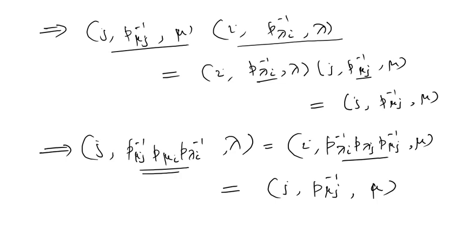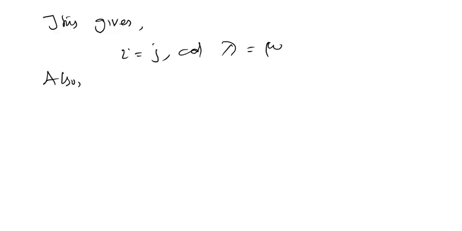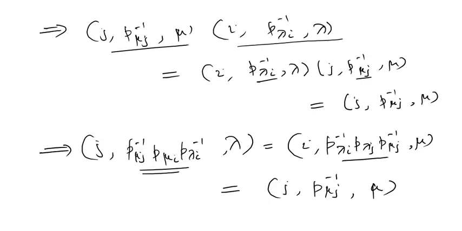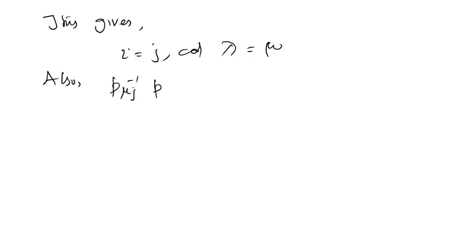So let's do this here. It's P mu J inverse, P mu I, P lambda I inverse, equal to P mu J inverse.